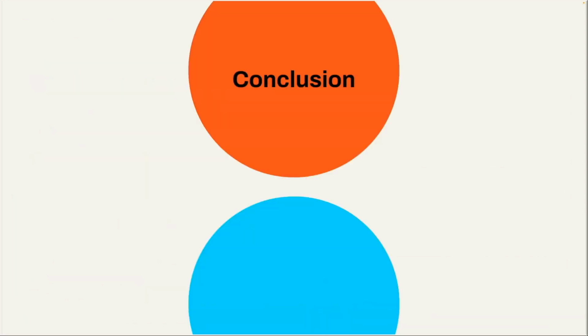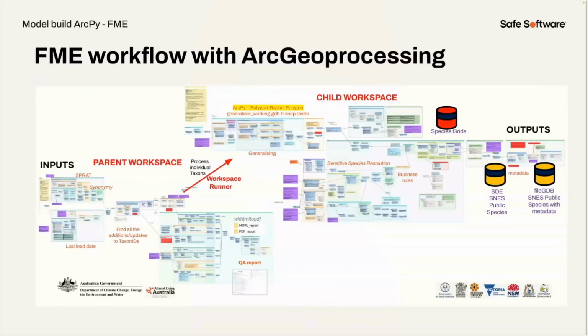So in conclusion here, the overall workflow for the client involved a parent workspace that orchestrated which species had been updated and needed processing, given they had new distributions. A child workspace actually did the geoprocessing, amongst other things, where it was being generalized with ArcPy.